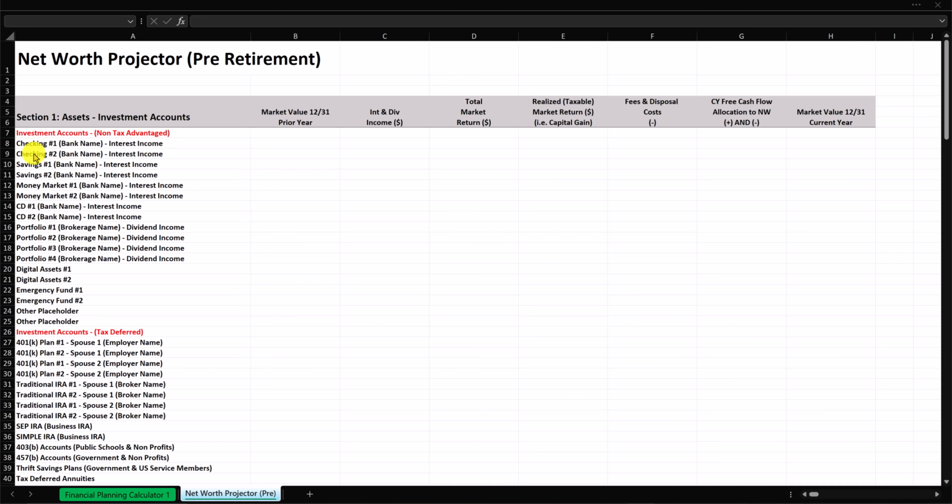We have our checking accounts, savings accounts, money markets, CDs, and so forth. Then we're going to have our portfolio accounts, our digital assets. We're going to have an emergency fund. And I'm going to throw in a couple placeholders here just in case we come up with some other account types that we need to put in here. As we build this out, I'm going to leave room for other things that we may not think of on the first pass.